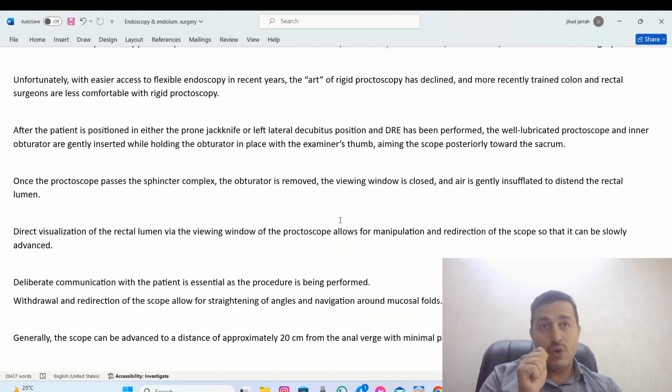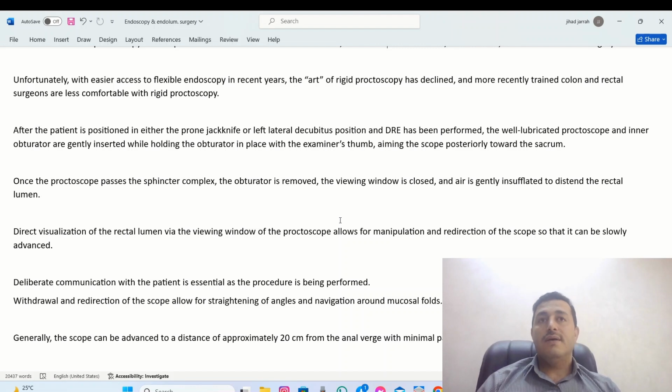our direct visualization to inspect past the sphincter. And direct visualization will help us to see where we are. Actually, it's better to direct your proctoscope posteriorly toward the sacrum.